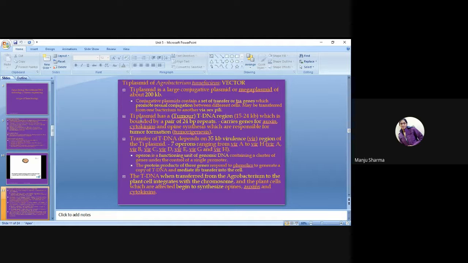The T-DNA, when transferred from the agrobacterium to the plant cell, integrates with the chromosome, and the affected plant cells begin to synthesize opines, auxins, and cytokinins.